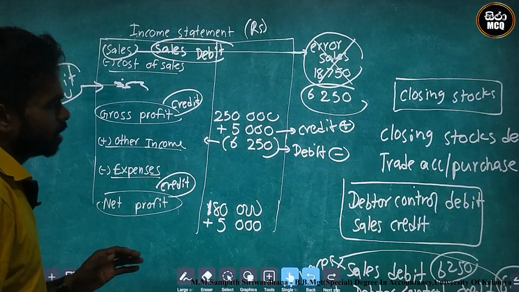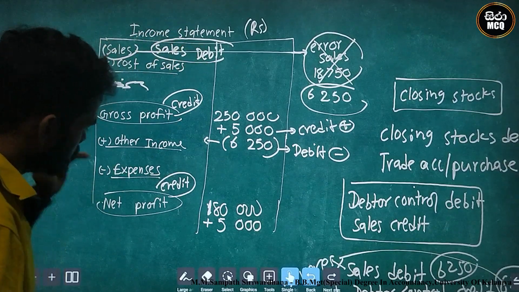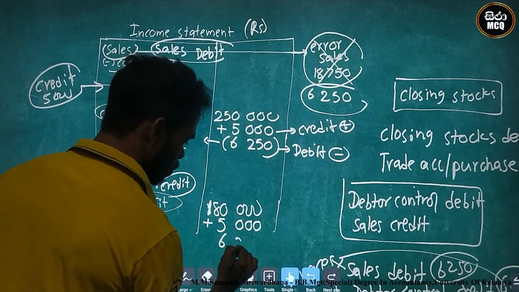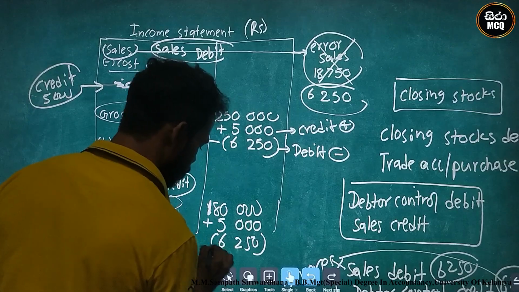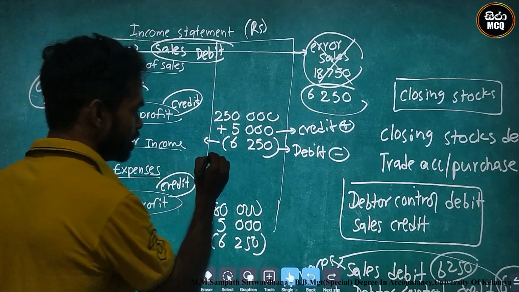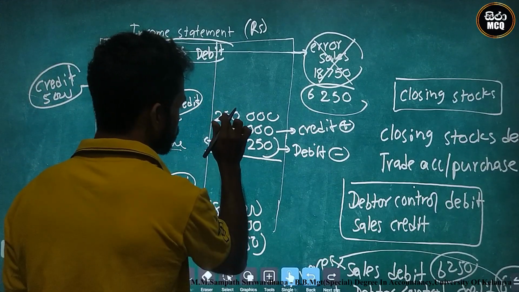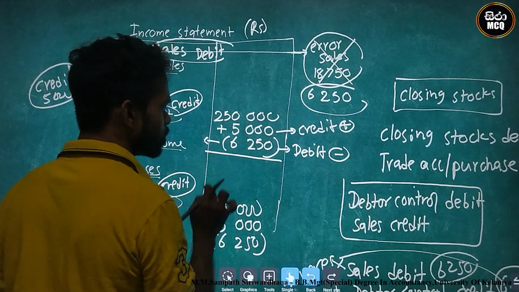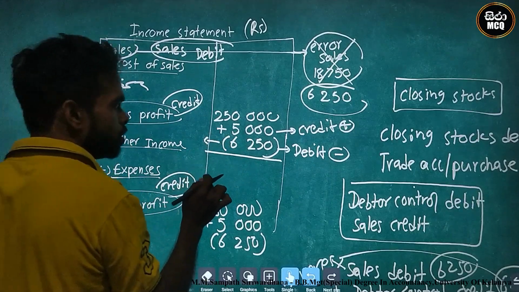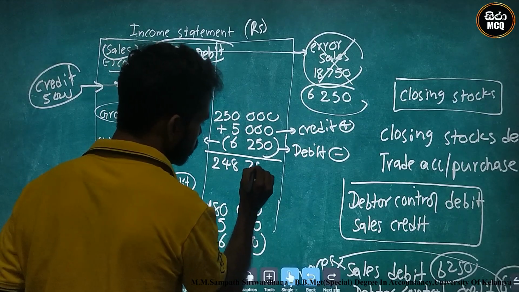Okay, after that, the top of the area was impacted, therefore net profit should be impacted again. 6,250 should be deducted from net profit. Okay, this is the impact. What is the answer? This is the correct one. 250,000 add 5,000 and minus 6,250 gives 248,750.